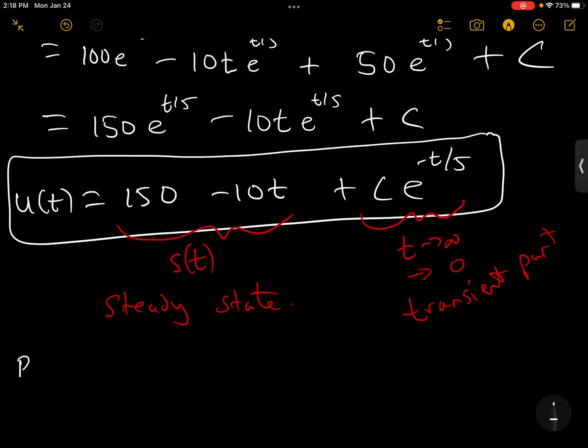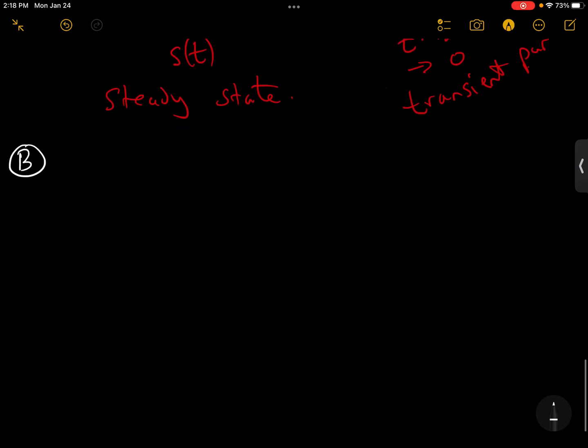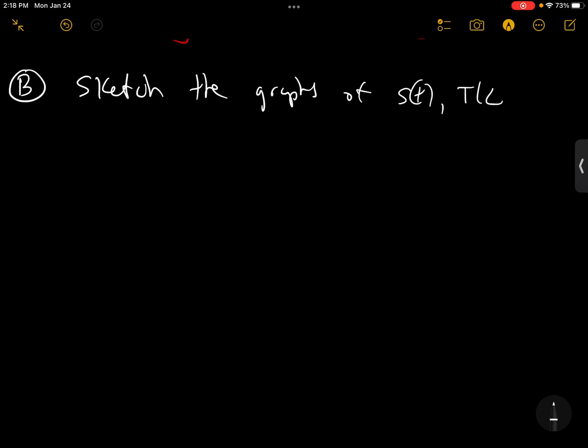Part B. Sketch the graphs of S of t and T of t on the same set of axes. So we're going to make sure we set this up right.